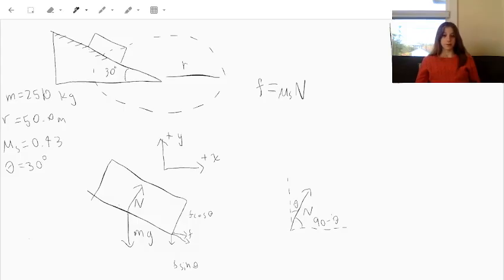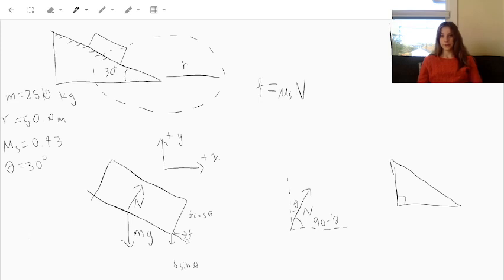And also, all the internal angles of a right triangle, or of any triangle, are going to add up to 180. But for a right triangle, we know that one of those is 90 degrees. So that means that the other two angles are going to add up to 90 degrees as well.